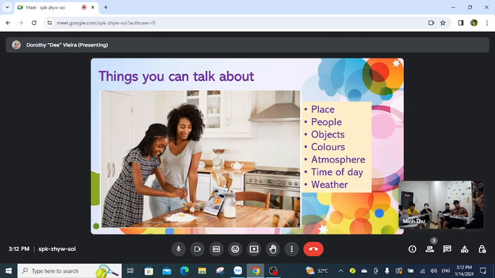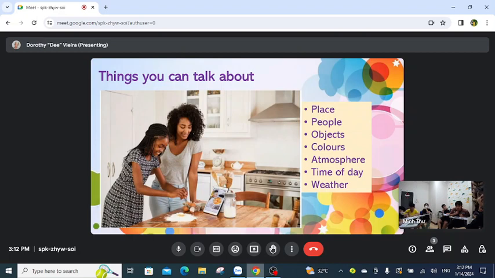On the wooden table in the center, there is some flour, there are some eggs, there is an iPad with a recipe on it. There is a jar. You see the jar there? Okay. So there are many things in the picture you can talk about, the objects.